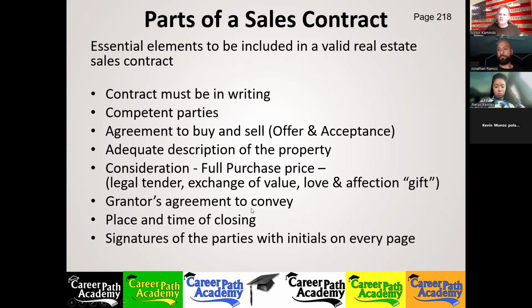The grantor's agreement to convey the property to the buyer, and the place and time of closing should be stipulated, even though that could change. And signatures from all the parties with initials on the bottom of each and every page of the contract, so nobody can swap out one page just by printing it.